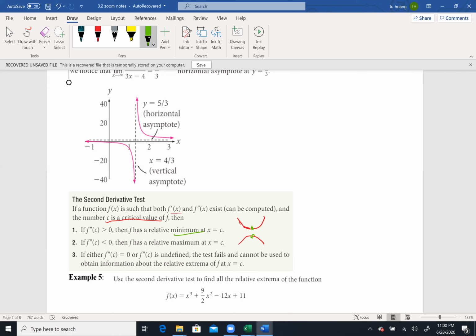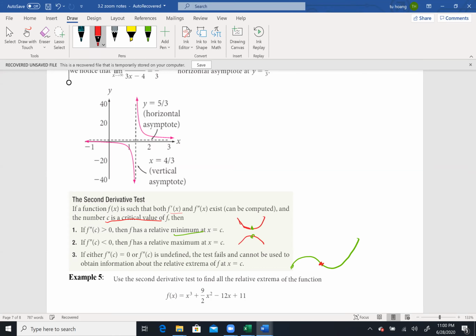And lastly, for f second derivative equal to 0, that actually makes an infinite value.